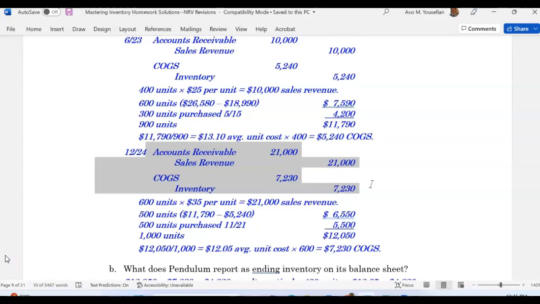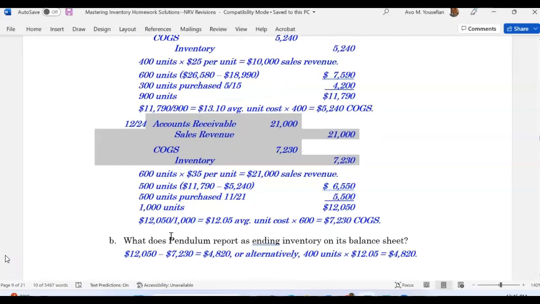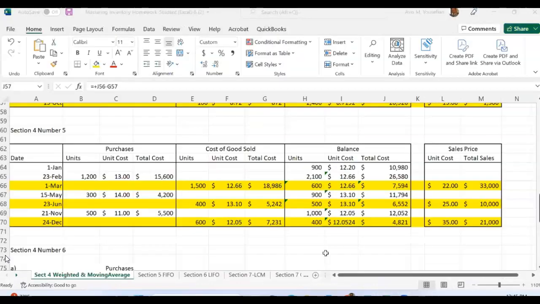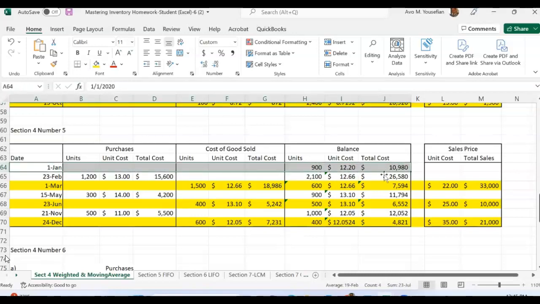Okay. Now, it says, what does the company report as ending inventory on its balance sheet? So obviously we have the answer here, but I like to show you the Excel. So here we go. In number 5, we have the beginning inventory, January 1st, given to us.